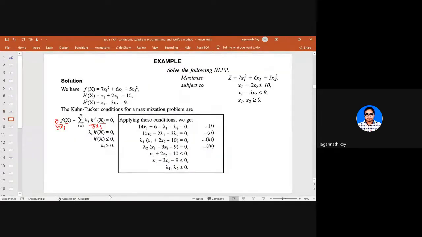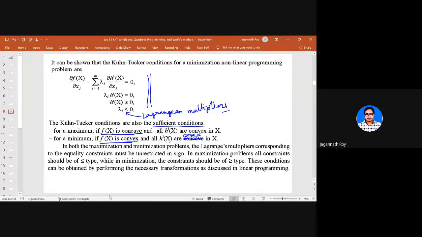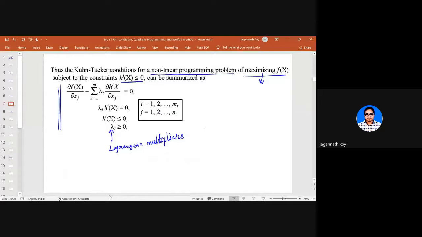Not only both cases, we will see one example. We have less-than type constraints and the function is maximization type, so we have to maximize this nonlinear function. For that, we have to define the Lagrangian. In fact, we don't need the Lagrangian anymore.